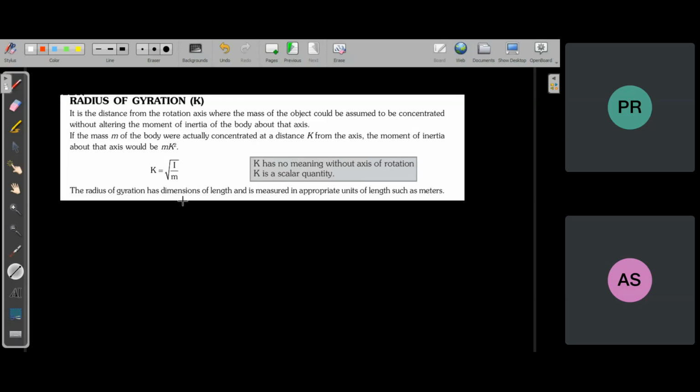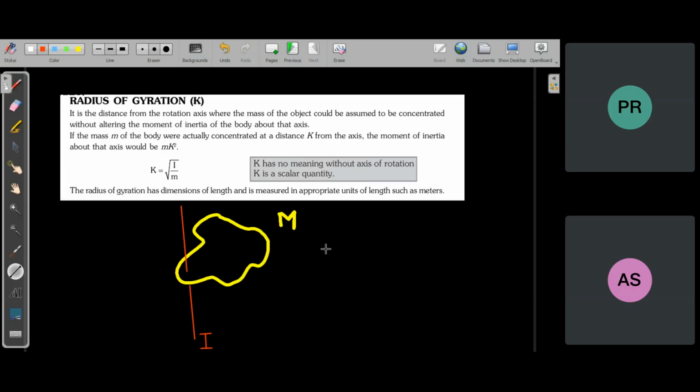Means if there is a rigid body, for example, this is a rigid body having some mass, let's say m, and let's say there is an axis, and the axis can pass through anywhere. So this is the axis passing through the body. The body will have some moment of inertia about this axis. Let's say that moment of inertia is I about this axis.